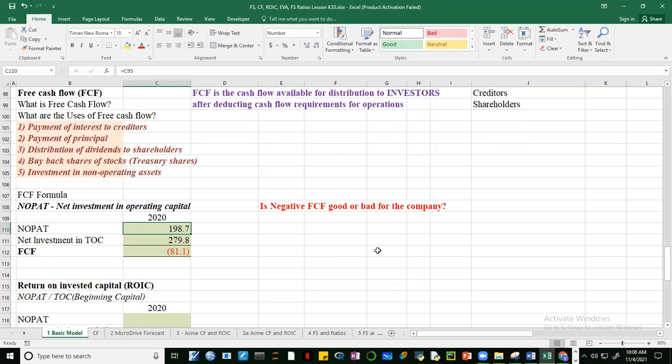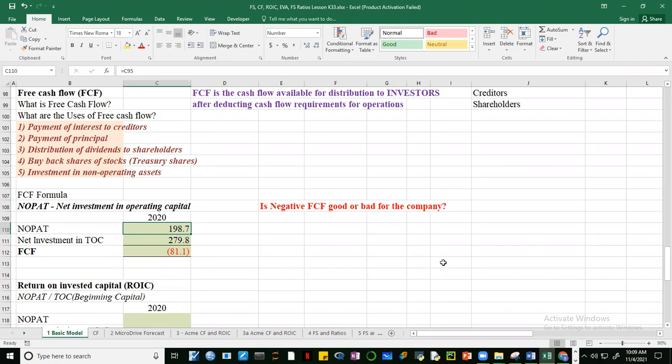So in order to answer the question, is negative free cash flow good or bad for the company? Let's look at the components. If the negative free cash flow is attributable to a negative NOPAT, then that negative free cash flow is bad, because it's attributable to a negative NOPAT.